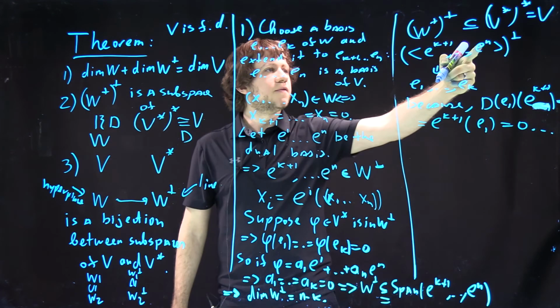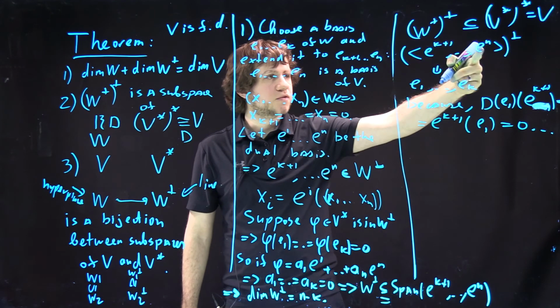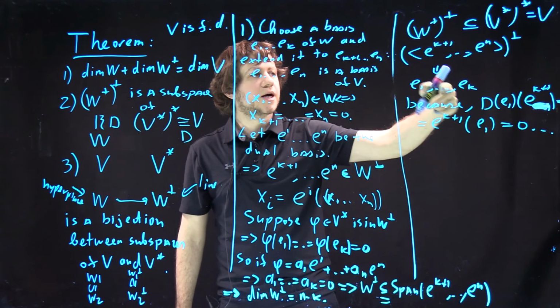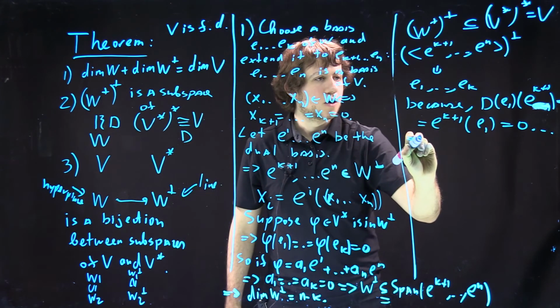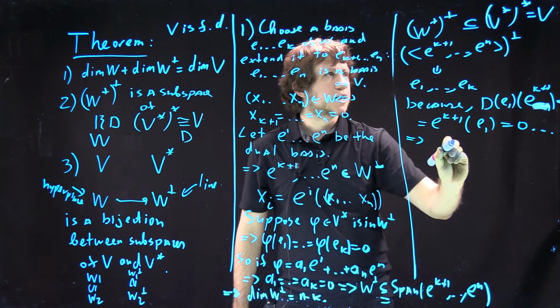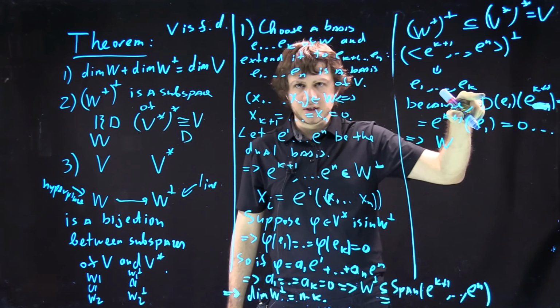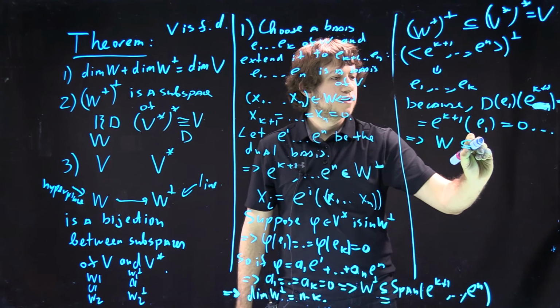So if you take any of these elements of the dual space and plug in this EI, you get 0, and so W, which is the span of these vectors, is inside W_perp.